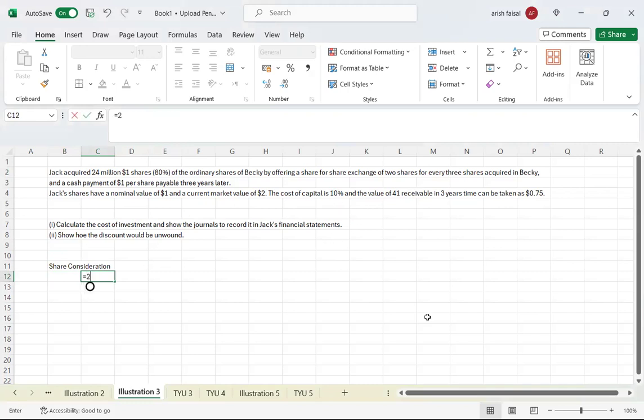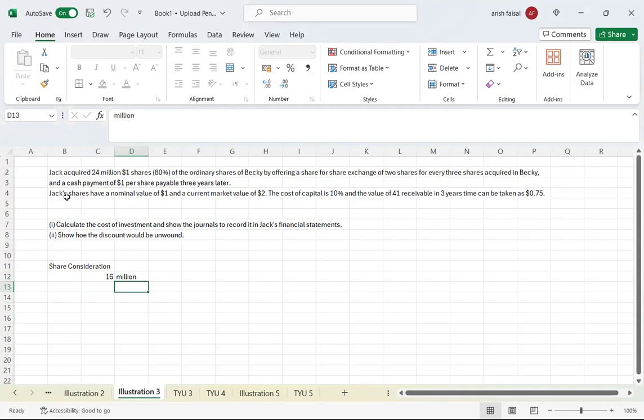So basically the total share capital is 24 million, and on every 3 shares being purchased, Jack plans to issue 2 of its own. So you divide by 3 and then you multiply by 2. That will become 16, which is 16 million to be the number of shares to be issued by Jack company to acquire 24 million shares of Becky company.